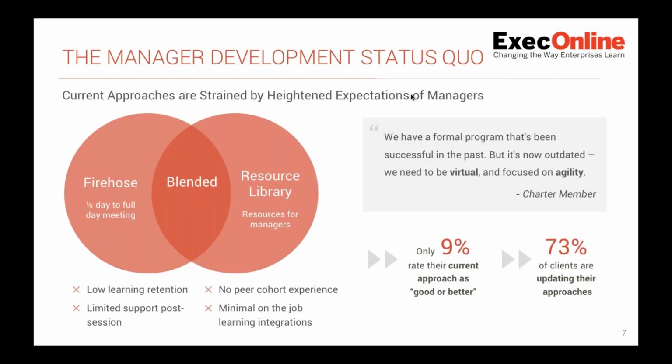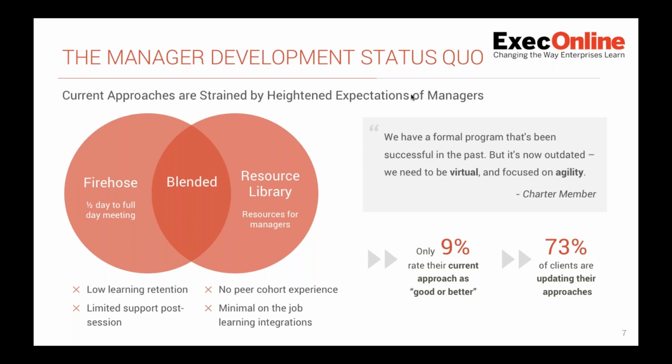We learned that there are 3 current approaches most organizations are taking to manager development. First is what we call the fire hose approach, where organizations hold a half-day to 2-day or more meeting or workshop to raise awareness of key management responsibilities. This helps spread awareness, but our focus group members say that it doesn't lead to application.